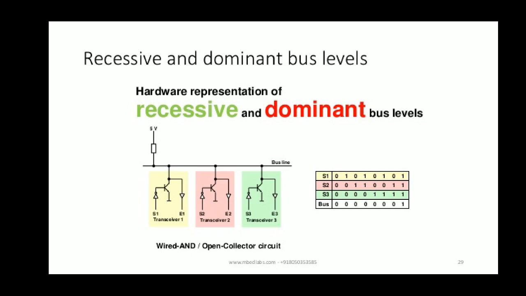In other words, if any of the inputs is at dominant level, then the bus level should show dominant level. And in order to set the recessive level on the bus line, we have to set all the nodes to a recessive level. Then only the bus level will be equal to the recessive level. Here recessive level is logic 1 or plus 5 volt.